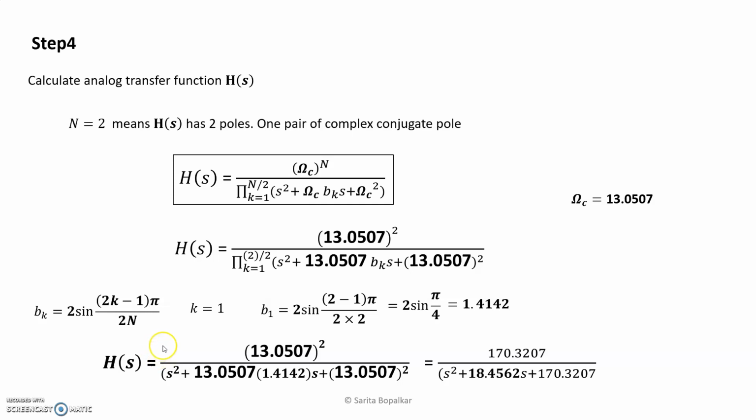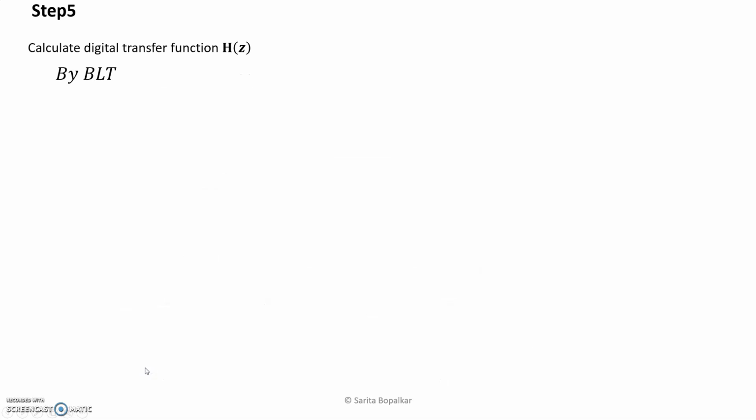Now we have to obtain H(z), the digital filter transfer function. For that, we are converting this H(s) to H(z) using BLT. Let's see. The next step is to obtain H(z) by BLT. We know the relation between z and s by BLT. This is s equals 2 by T, (1 minus z raised to minus 1) divided by (1 plus z raised to minus 1).